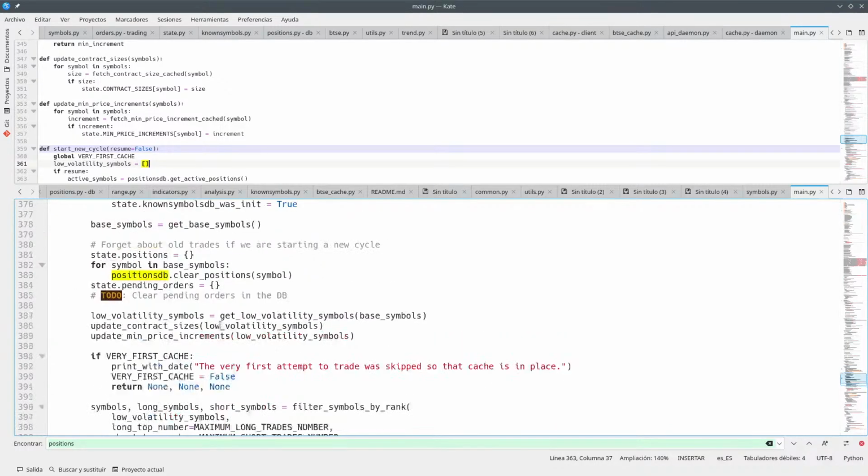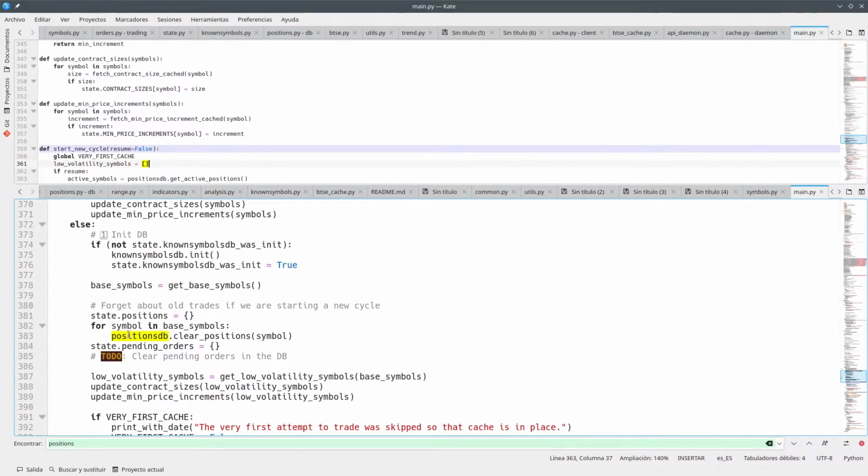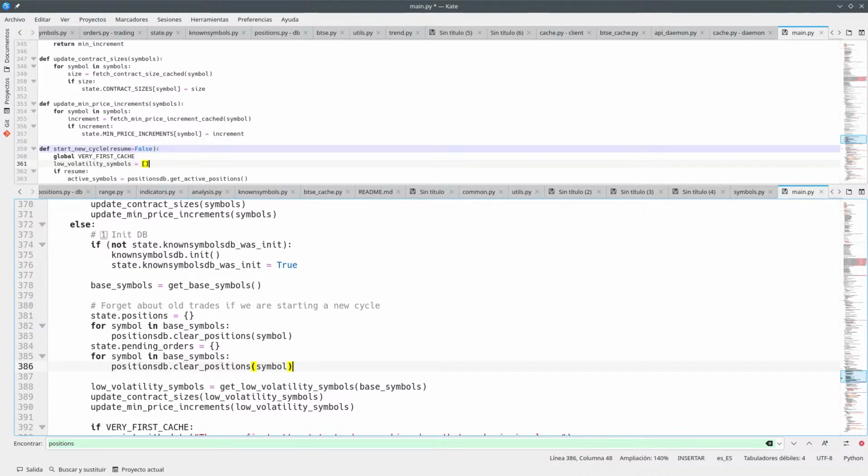So positions db, this is going to be clear positions of this symbol. So this needs to be orders db.